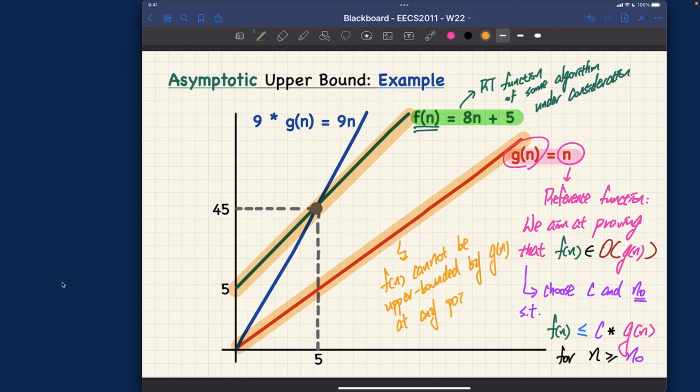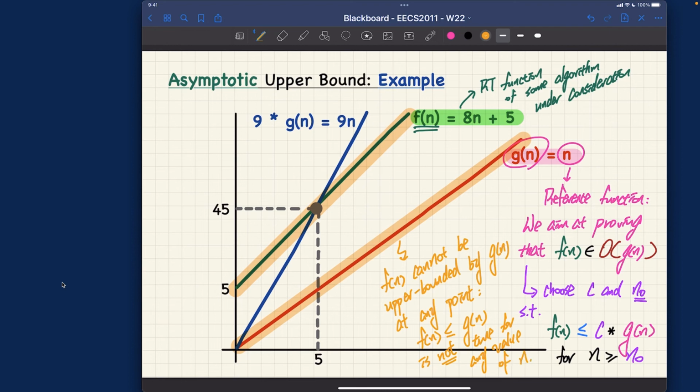And let's be a little bit more precise: f of n less than or equal to g of n is not true for any value of n.